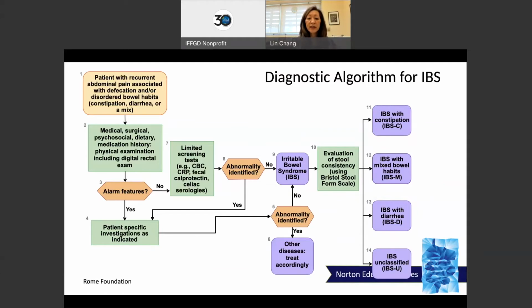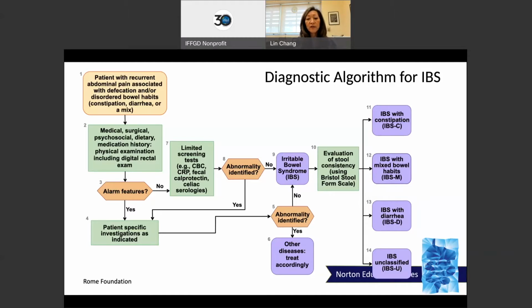When we see them, we do a medical history, including surgical, psychosocial, dietary, and medication history, and a physical examination. A digital rectal examination is important in these patients as well for a number of reasons, looking for a rectal mass or for pelvic floor dysfunction, particularly in patients with constipation.